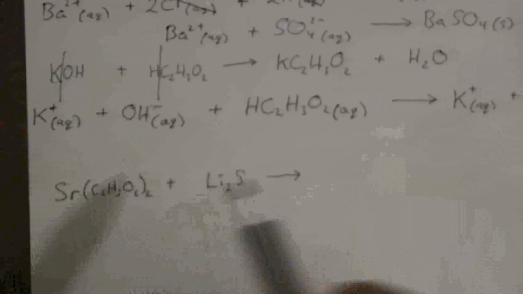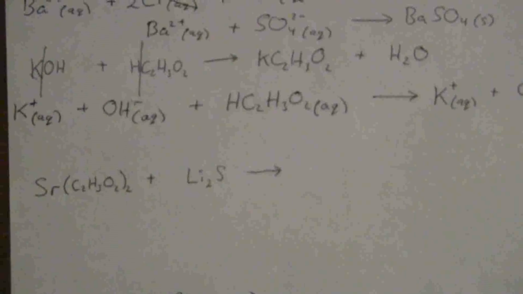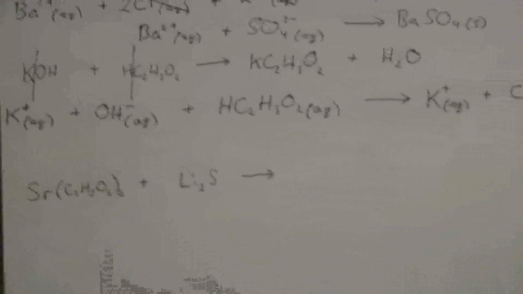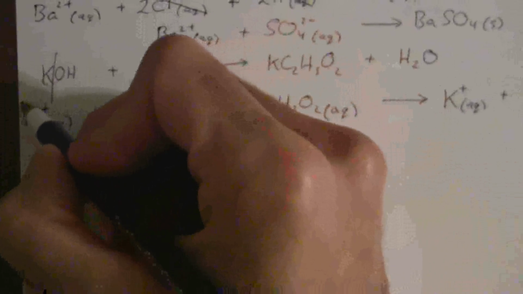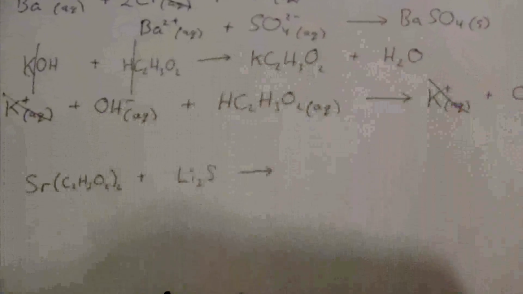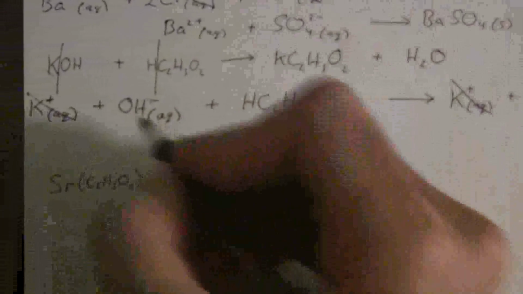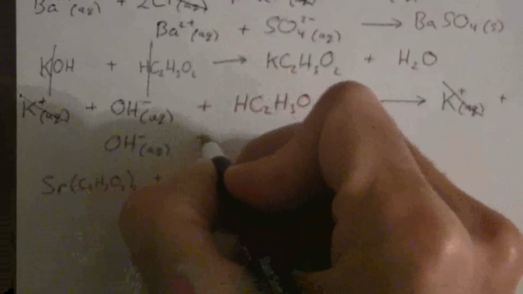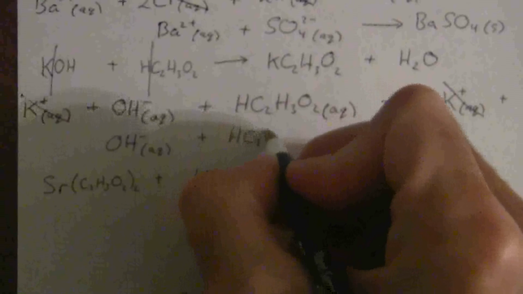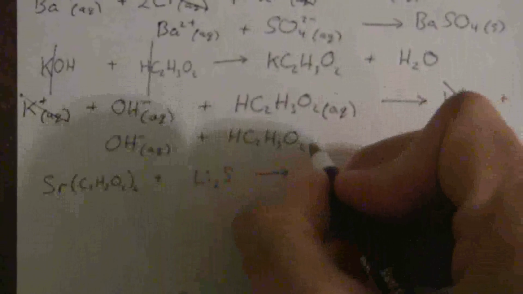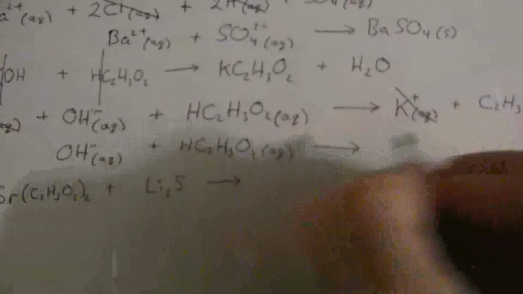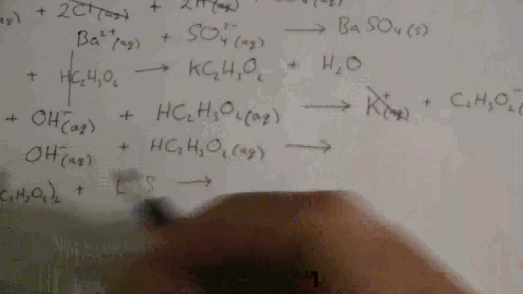Now we look at this. That's our total ionic equation, and we want to cancel out any spectator ions. Now in this case, we only have one, the potassium ion. So we have hydroxide ions plus acetic acid. These are all of the components that actually participate in the reaction.